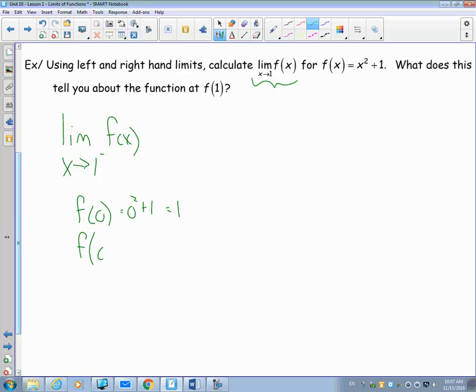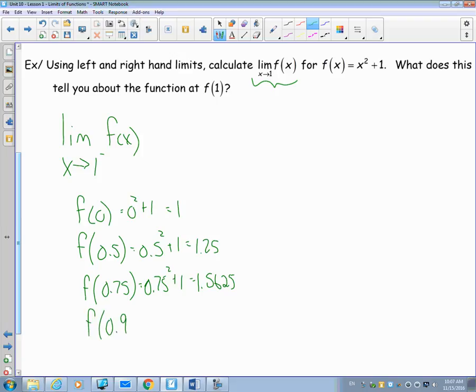Let's try 0.5. We get 0.5 squared plus 1, and that comes out to 1.25. Let's get closer still. Let's try what happens as we get to 0.75. 0.75 squared plus 1 comes out to 1.5625. Notice our function value is getting bigger and bigger. Not a whole lot bigger, but bigger than it was before.